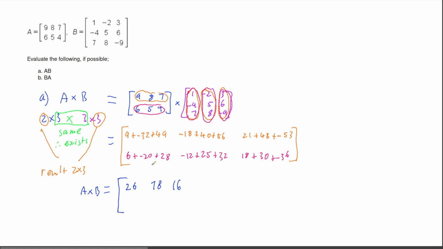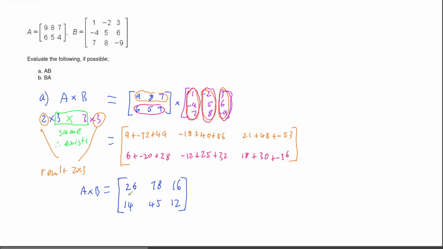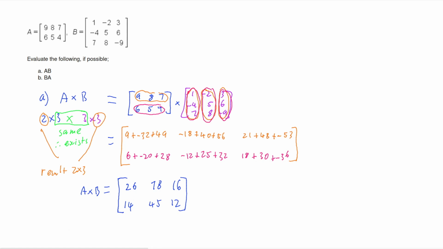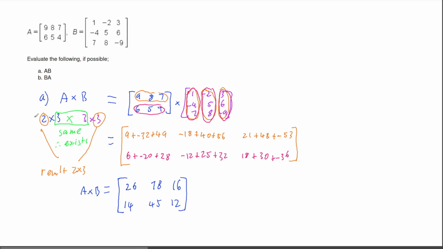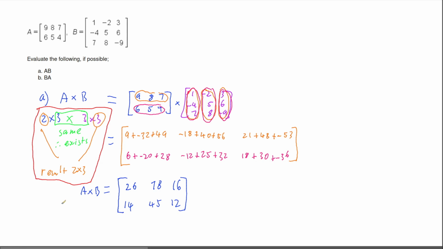And 6 minus 20 plus 28 is 14. Negative 12 plus 25 plus 32 is 45. And finally, 18 plus 30, take 36, is 12. And we can see, as we said, that our result is a 2 by 3 matrix, which we did get. So now we've done that calculation and we made sure we were all good by testing it over here.